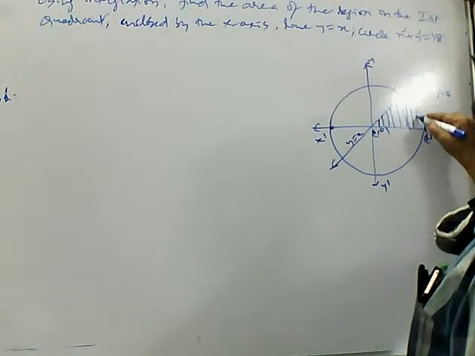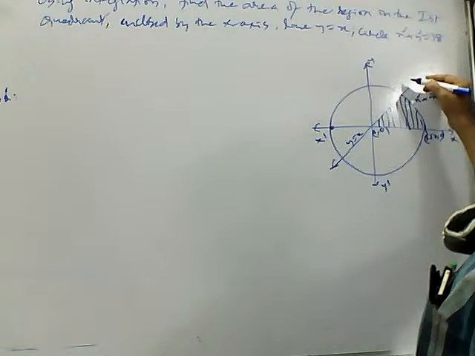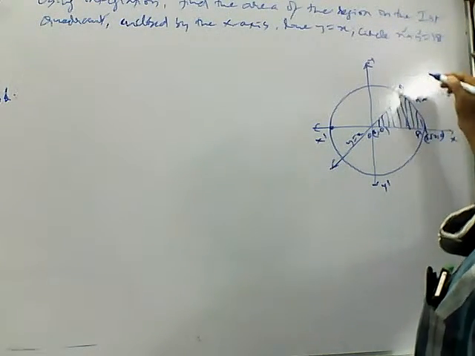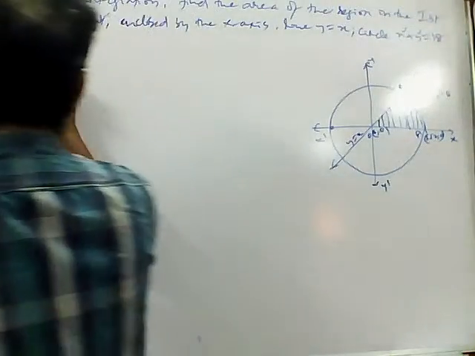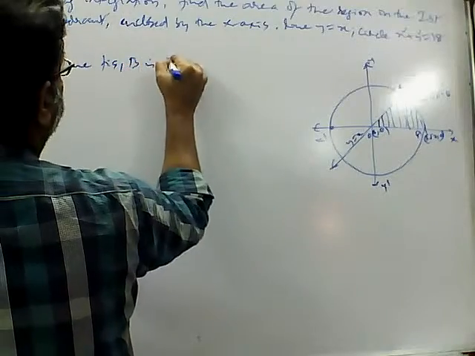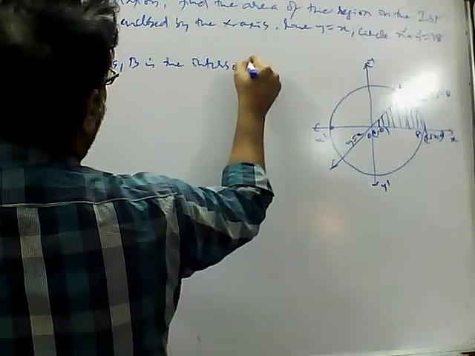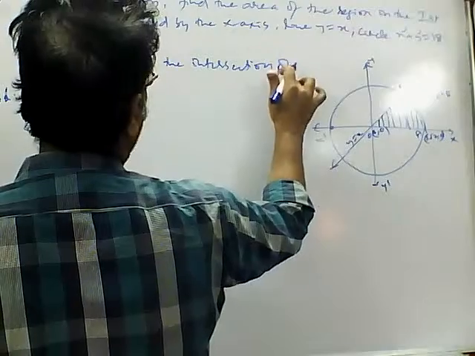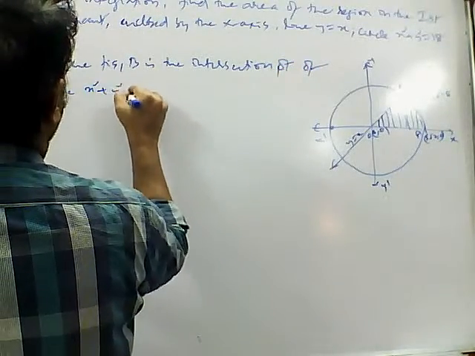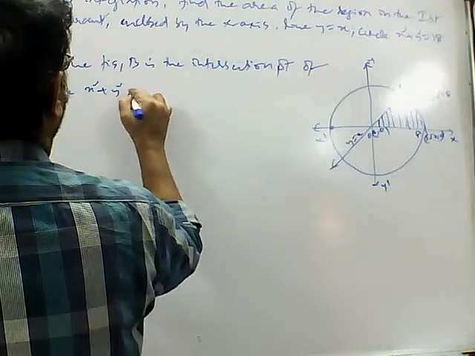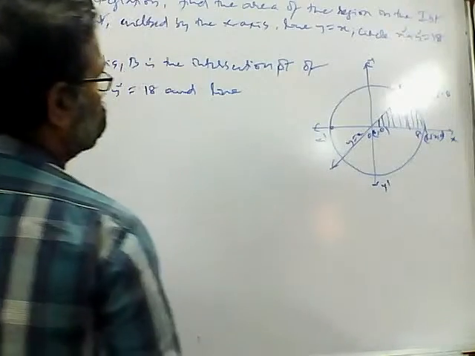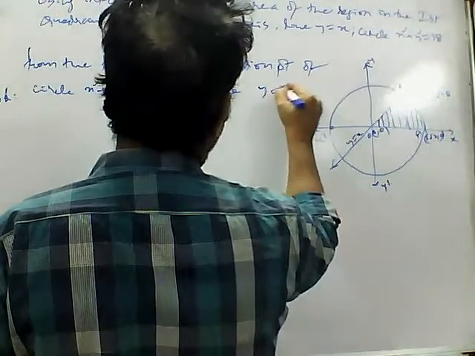X-axis. So this is the point. This is O, this is A, and this is B. From the figure, B is the intersection point of the circle x square plus y square is equal to 18 and the line y is equal to x.